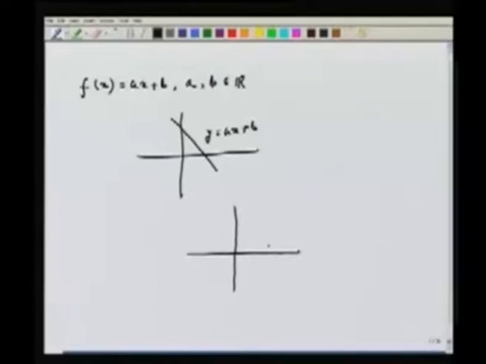It should look something like this: suppose I have a point here which I call x0, and the graph of the function looks something like this up to x0, and just after x0 it starts from here. You see, just at x0 there is a big jump. Well, this is certainly an example of a function which is not continuous.